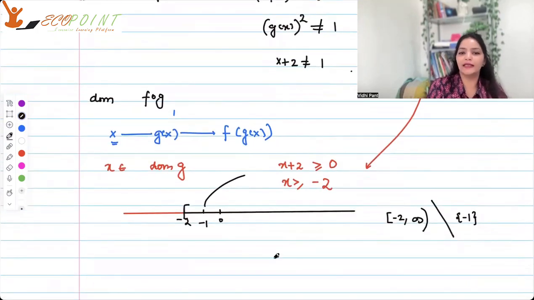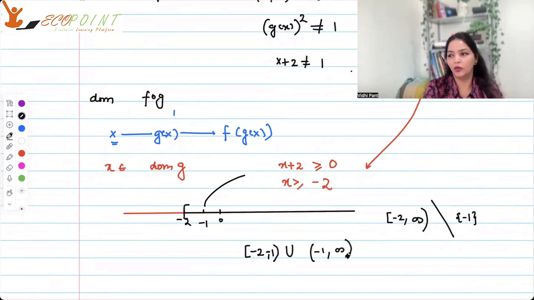Or in terms of number line intervals, you can write it as closed at minus 2, open at minus 1, union open at minus 1 to infinity, again open. So this gives you the domain of f of g.